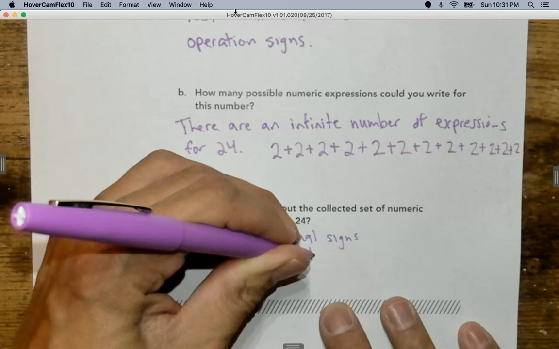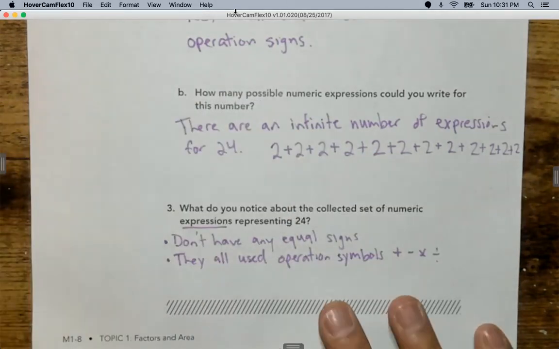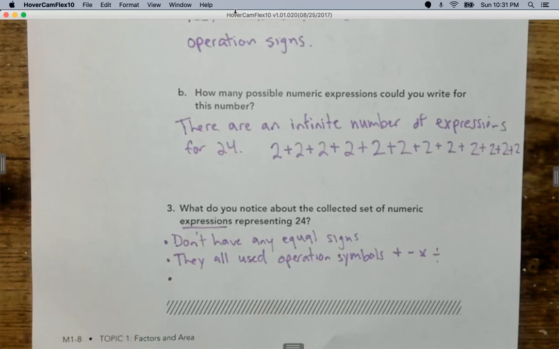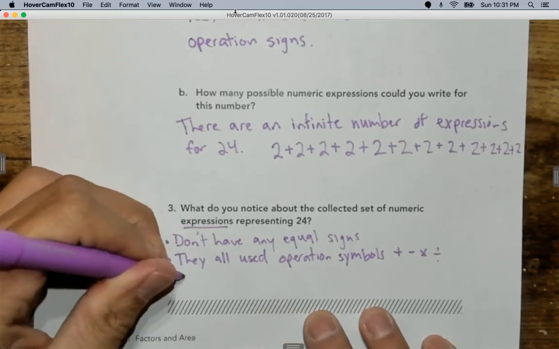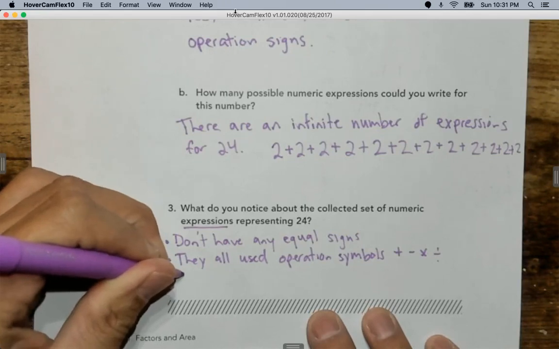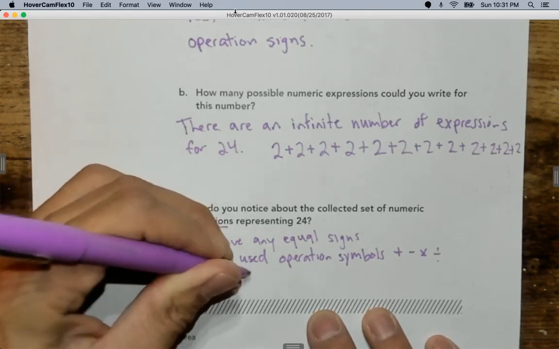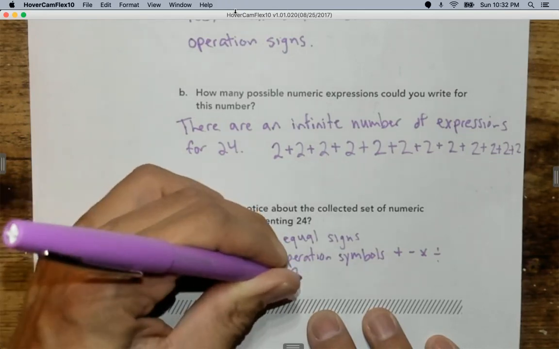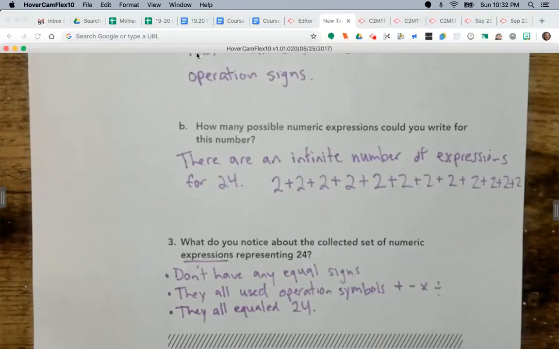And so that's like addition, subtraction, multiplication, division. If I was to take a look at this as well, I could say that if I evaluated them, they would equal 24. Okay. And those are some noticings. There could be more.